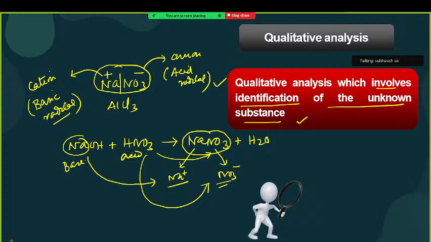First of all, you see what analysis is. Second, how many types of analysis are there? Qualitative and quantitative analysis. In qualitative analysis, we analyze the cationic portion and the anionic portion, the acid radical part and the basic radical part. But here we only discuss the basic radical part, the metal cationic part, which we have to determine through qualitative analysis.